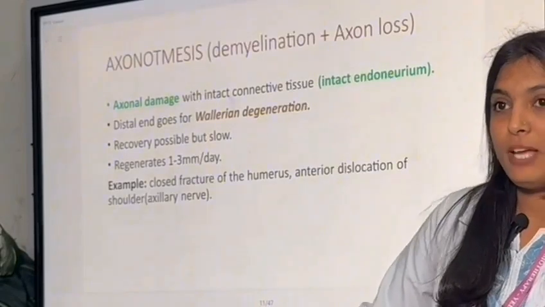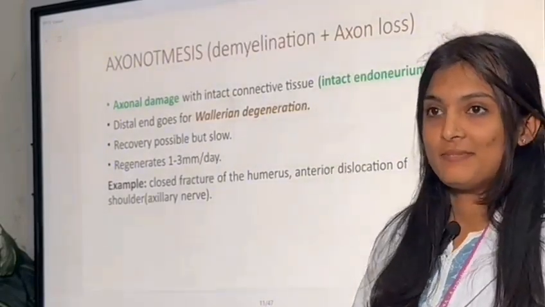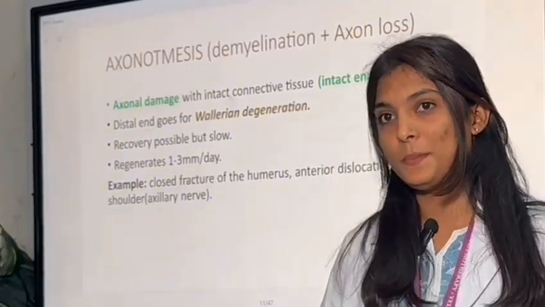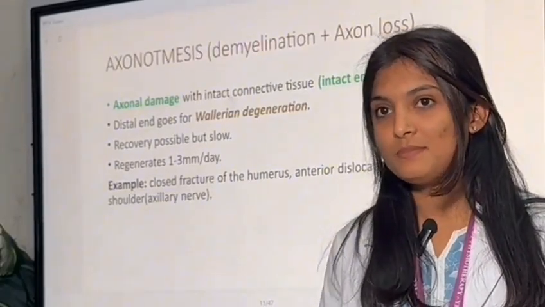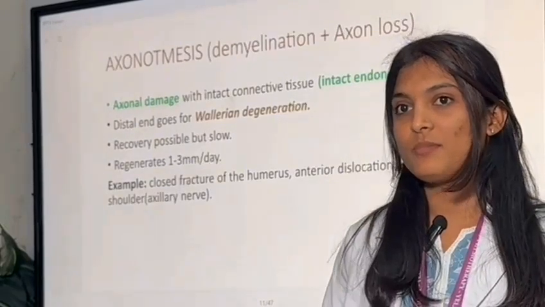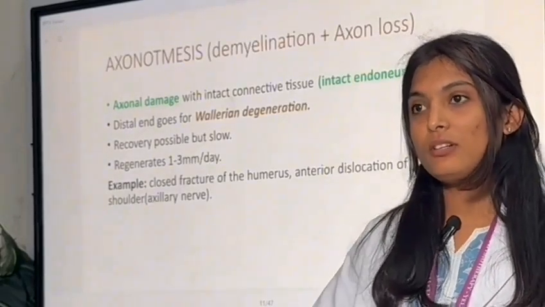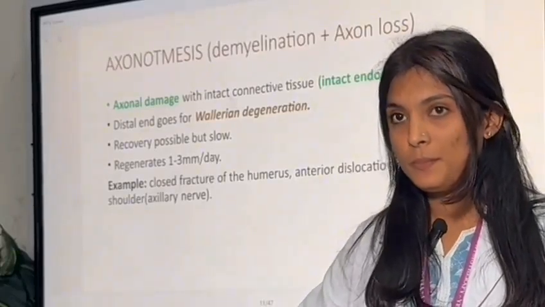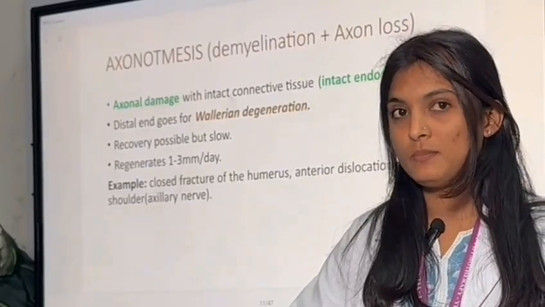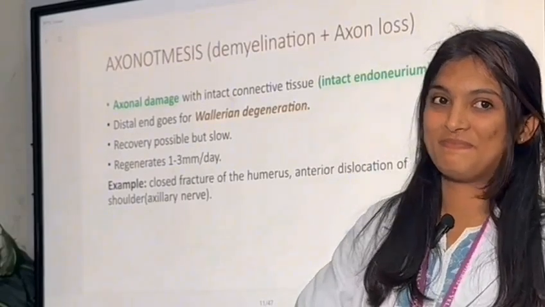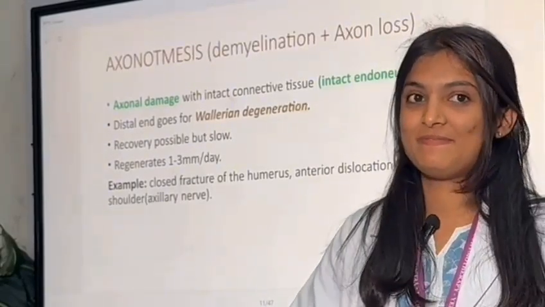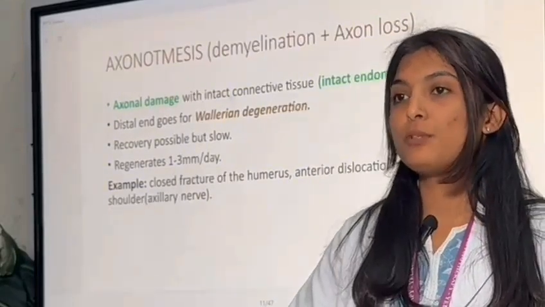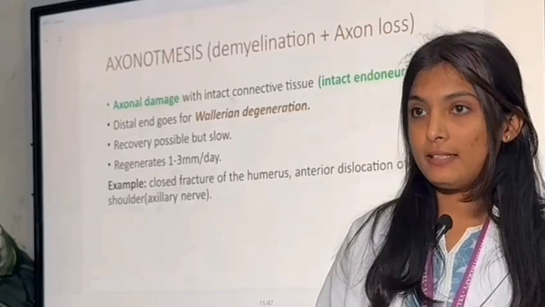Can anybody tell me why only 1 to 3 mm per day? Why not 6 to 10 mm? It can regenerate beyond 3 mm. We want the nerve to regrow faster, right?